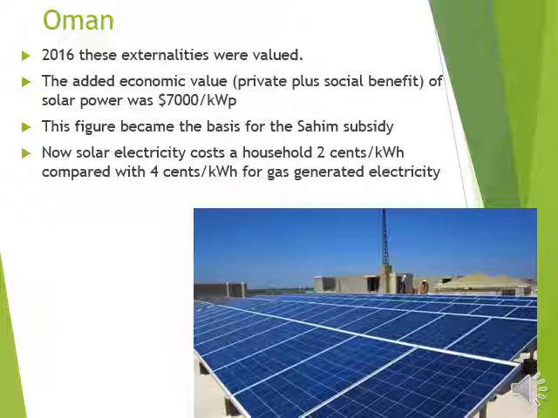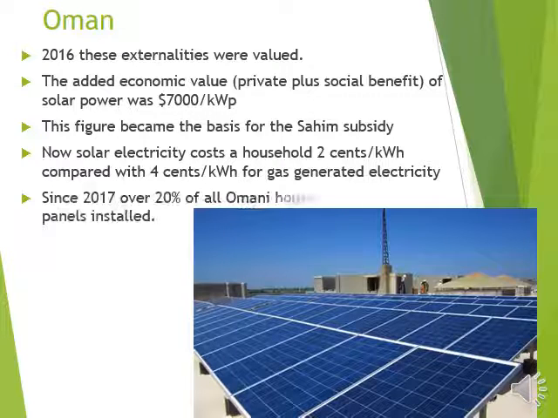But now, with this Saham initiative, with the subsidy, this Pigovian subsidy, it brought the overall solar-powered cost down by nearly 1,000%, and so it now only costs about 2 cents per kilowatt hour. And suddenly it was cheaper to generate electricity using solar energy than it was to buy electricity using gas.